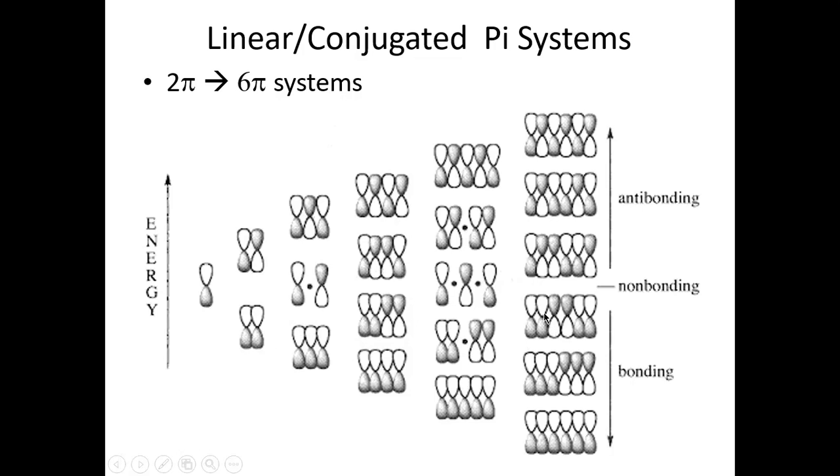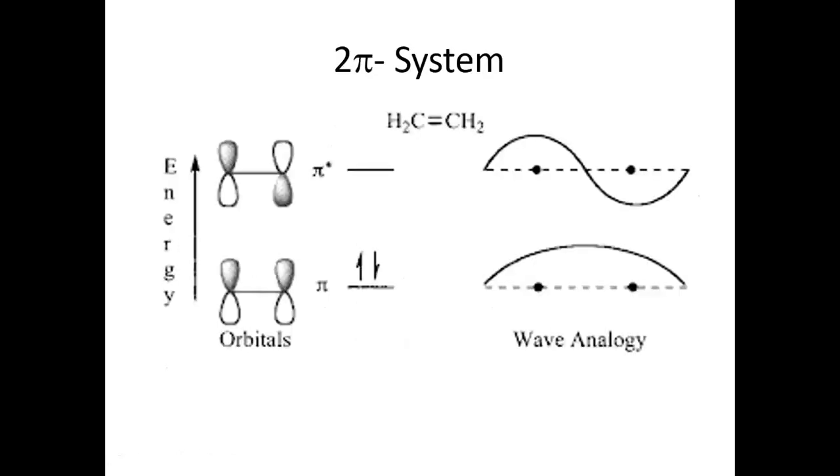All right, so let's talk about the 2 pi system. That would be a basic alkene. Any double bond can be classified as a 2-pi system. It's not conjugated to another double bond, so we don't have to worry about the extended overlap between the two carbons with a sigma bond. None of that.